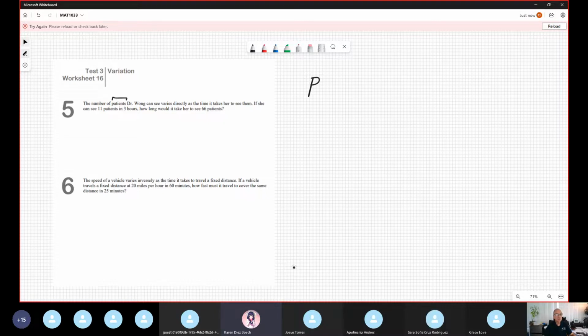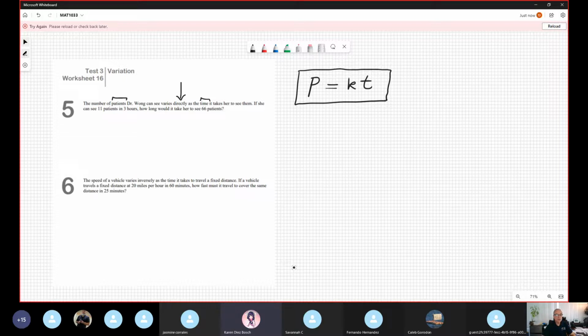And another variable involved in my problem is the time. And very important, this word, directly. So we have a constant K and time. Wow, fantastic. This is my equation. State the relationship between the number of patients and the time taking her to see them.